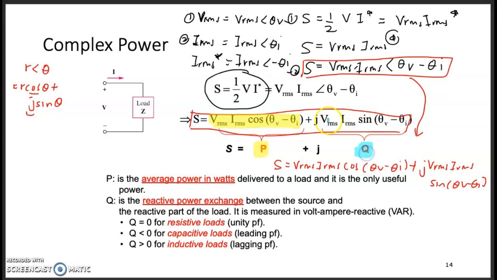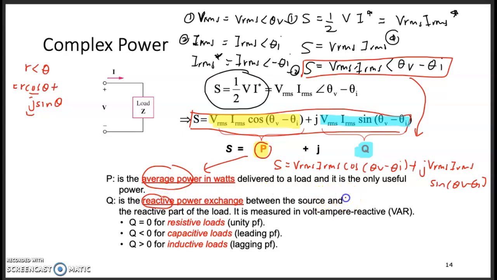Your Q here is VRMS IRMS sine theta V minus theta I. So this P here we call average power, the real power. So it's the same as what you learned before. The blue one here is what we call reactive power.